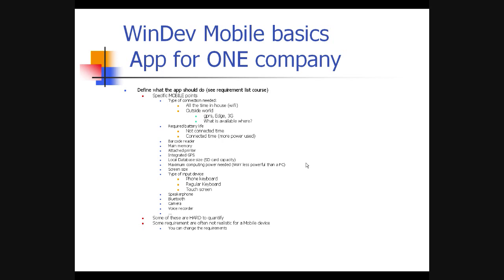or another solution is to forget about WinDev Mobile and use WinDev instead on an ultra mobile PC, because the limit between a mobile device and an ultra mobile PC is really not that big.